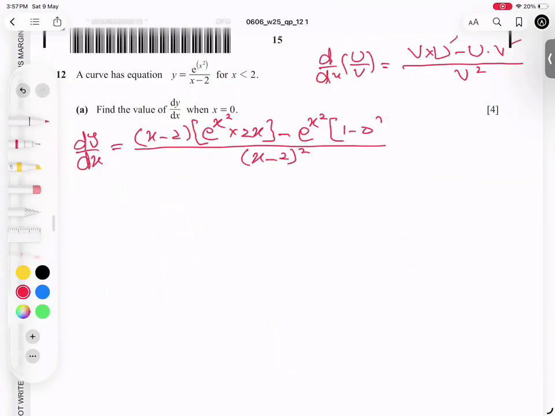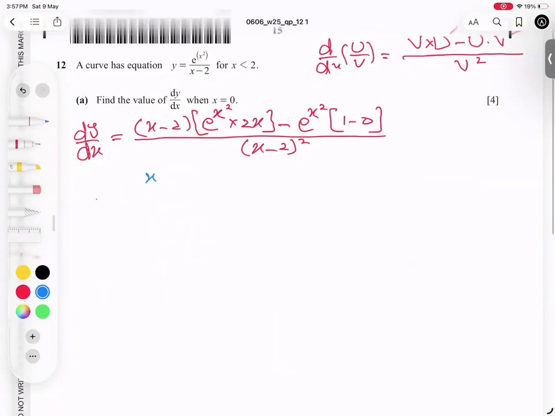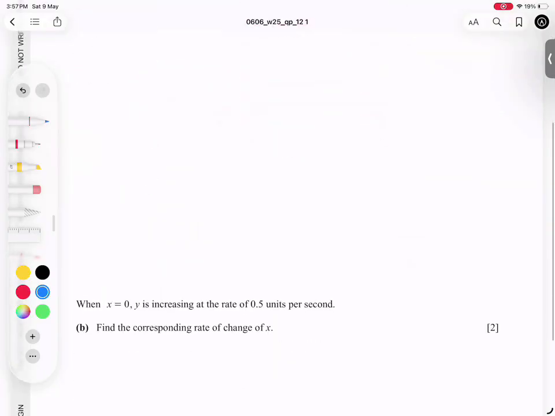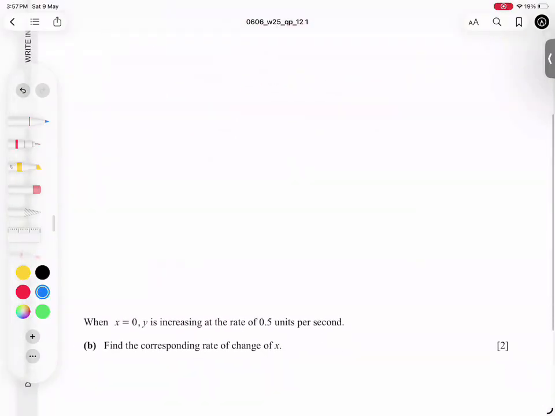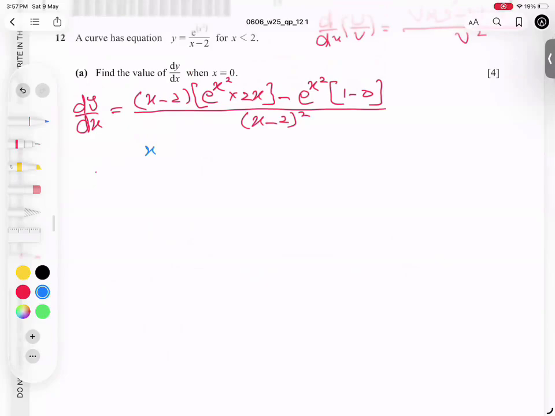So 1 minus 0. I have to plug in x equals 0, and I think we directly plug in x equals 0 to save our time. Let me check below what we have. Okay, we need the rate of change of x. So I'm putting x equals 0 here. When I plug in x equals 0, students, what will happen? Plugging 0 in here, I'm getting -2.